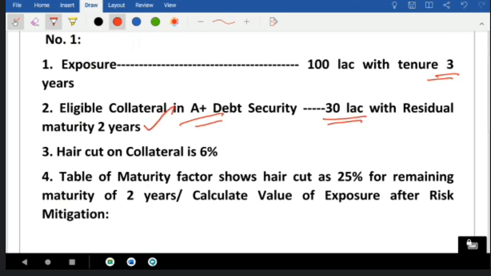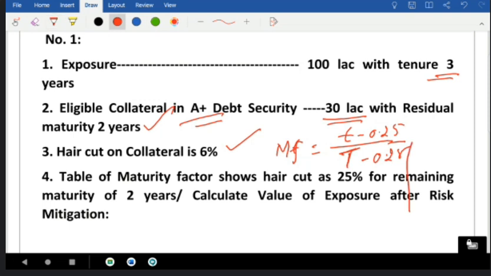Haircut on collateral is 6%. And the MF formula you can remember like this: MF equals (t minus 0.25) divided by (T minus 0.25). MF is the maturity factor, small t is the residual life of the collateral and capital T is the residual life of the exposure. We'll be using this formula in the calculation. Okay, now see how we'll do the calculation.